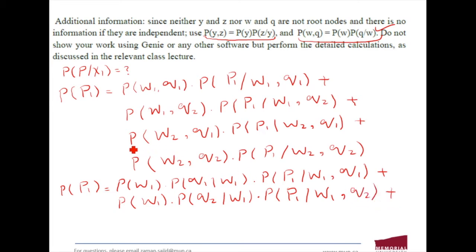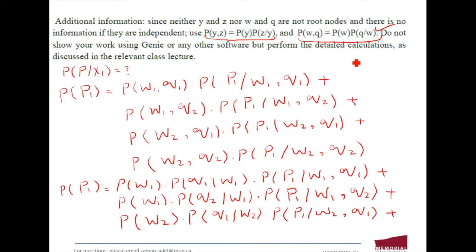Now in the third state, we have W2 and Q is Q1. By using this same relationship, we will have the probability of W2 times the probability of Q1 this time, given W2, multiplied by the probability of P1 given W2 and Q1. Now in the last one, we have the relationship between W2 and Q2.